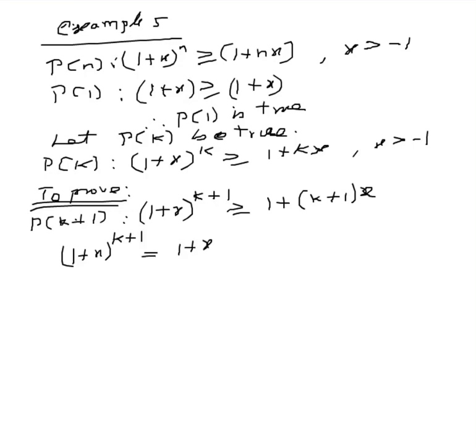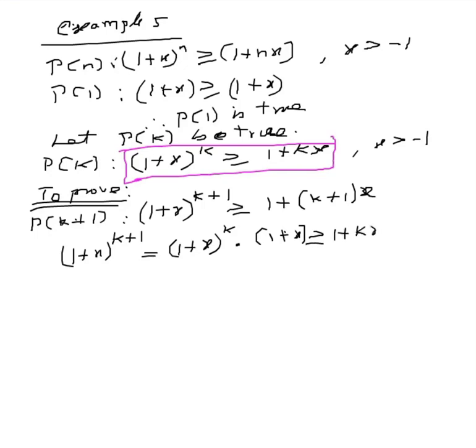I can split the power as (1 + x)^k into (1 + x). Now I am replacing this (1 + x)^k using the P(k) statement. So it becomes greater than or equal to (1 + kx) into (1 + x).